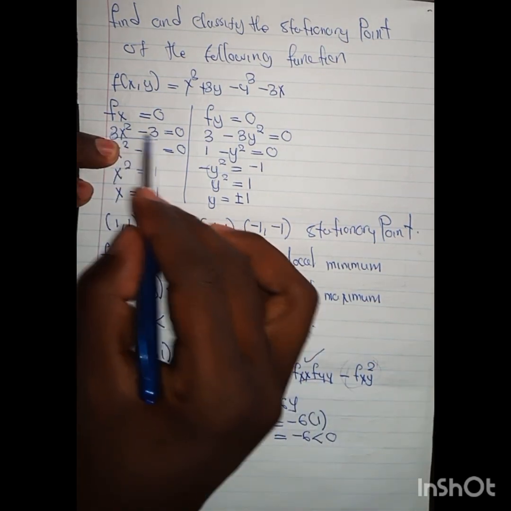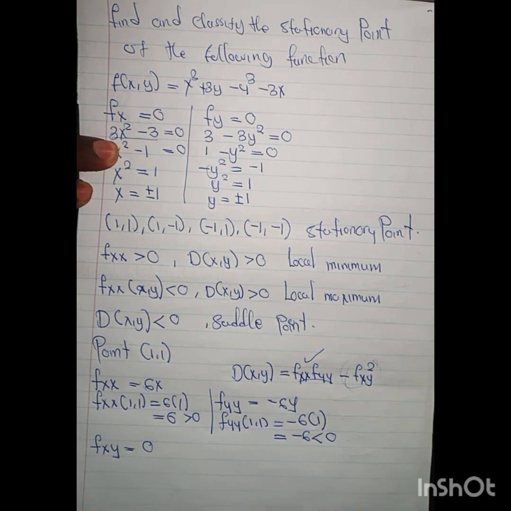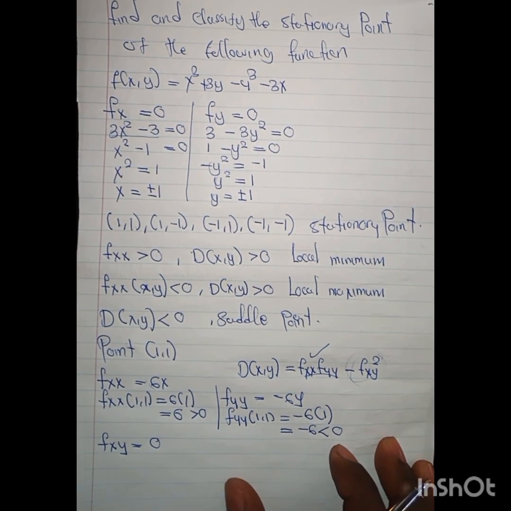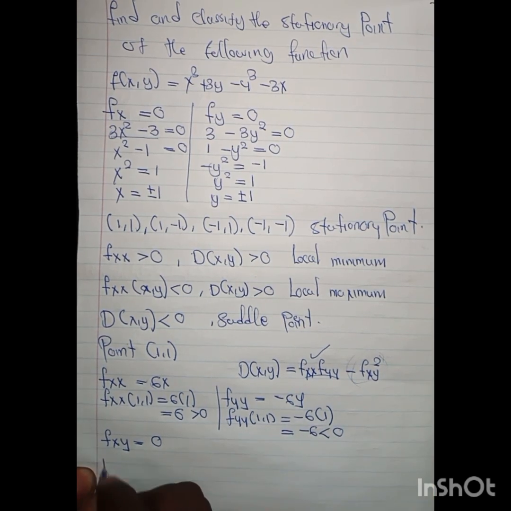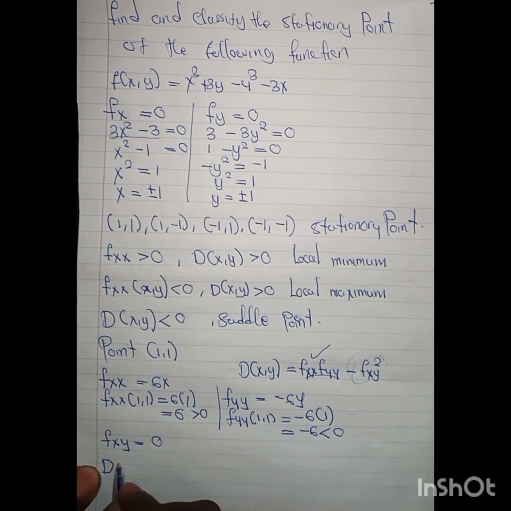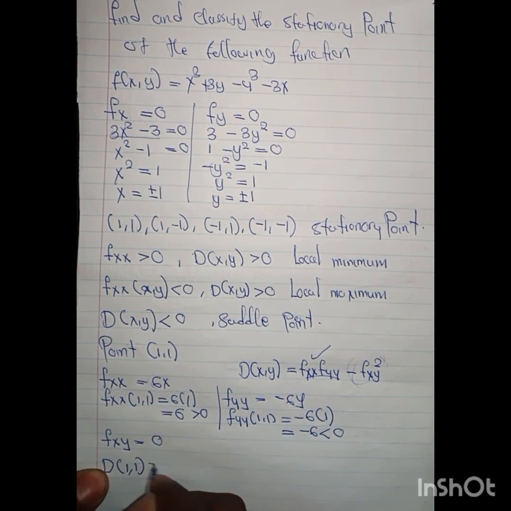There is no variable y in this equation, therefore this equation is nothing but 0. Then we can now substitute our values in this equation. So the value of x is 1, the value of y is 1.